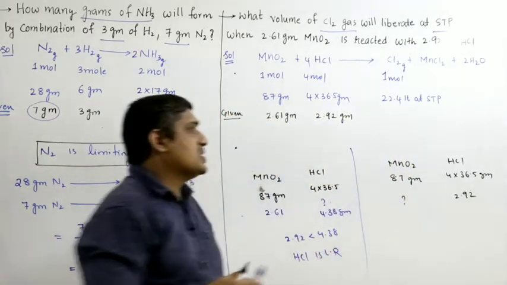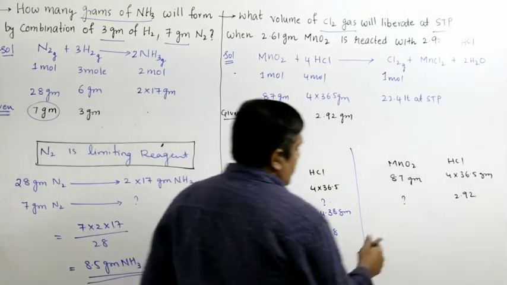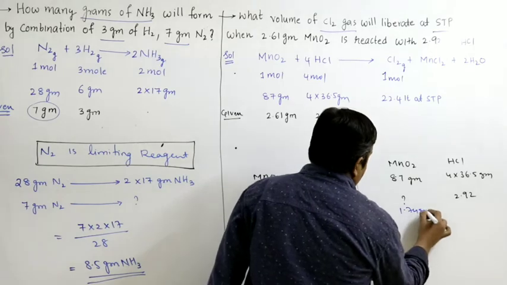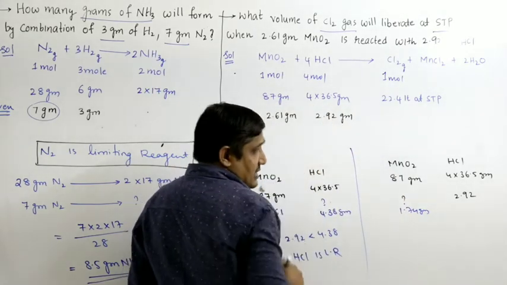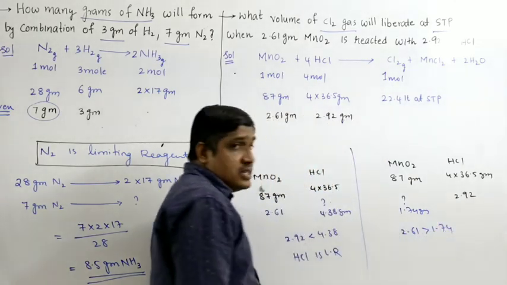Now for complete consumption of 2.92 grams of HCl, how many grams of MnO2 is required? So you require around 1.74 grams. This is 1.74 grams, right? But how much is available? 2.61. So 2.61 is greater than 1.74.